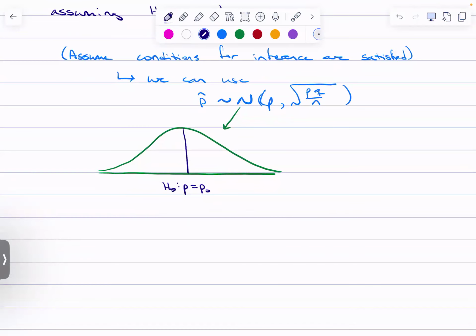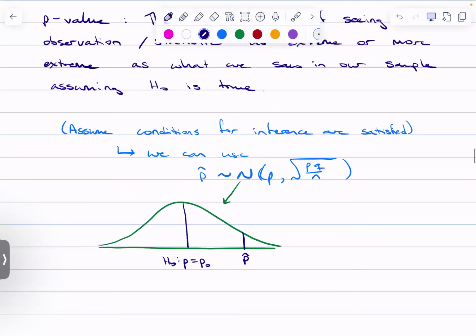Now, I have maybe some p hat, some sample proportion that I found from my sample, p hat somewhere on the upper end.